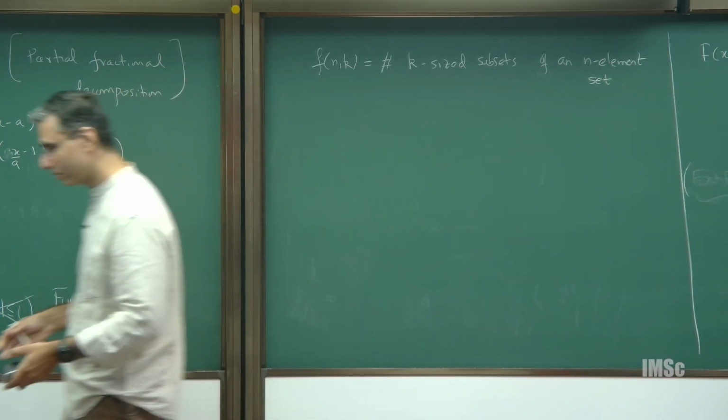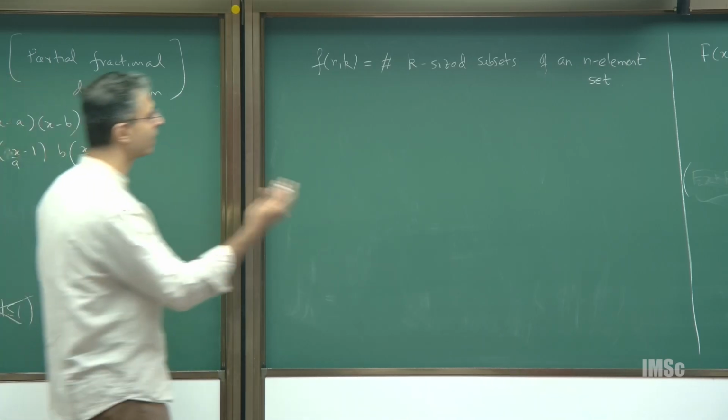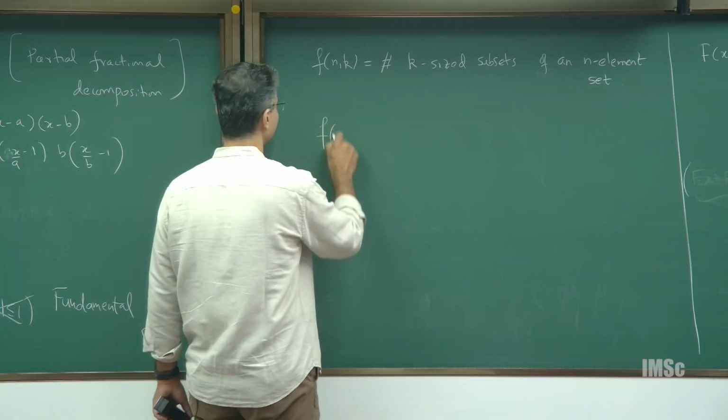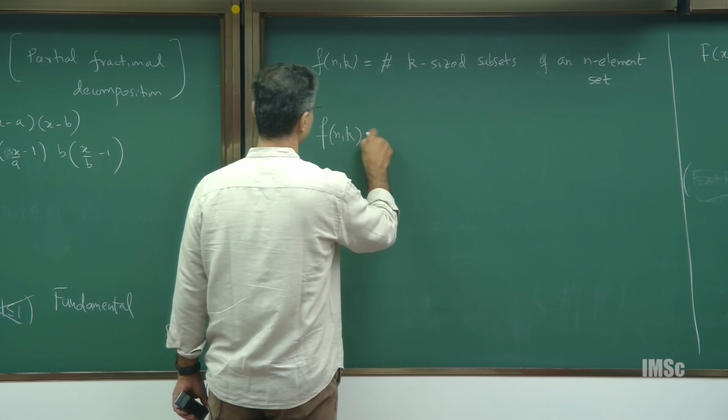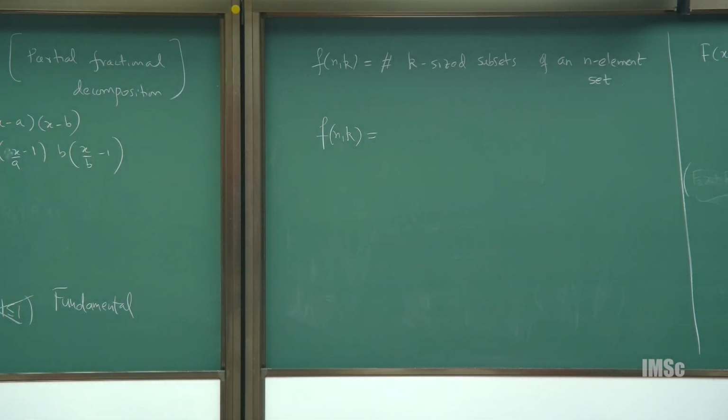So, what is the recurrence for this number? I mean, there are many recurrences. The one that we are most familiar with. Right. How can we form a k size subset of a set of size n?